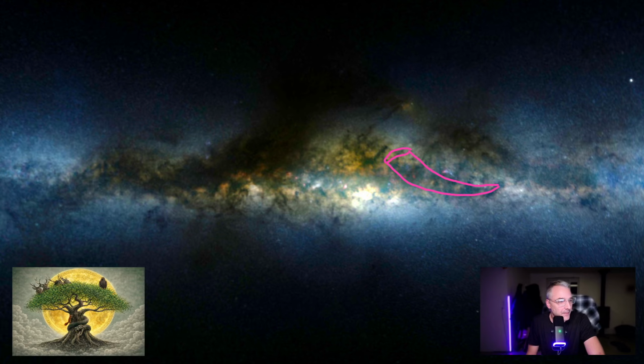And then the last aspect of Mimir's well is the famous story about Odin sacrificing his one eye in exchange for a single drink of Mimir's well to gain hidden knowledge. And Odin's eye is, of course, visualized by the dark shadows surrounding the Milky Way center.